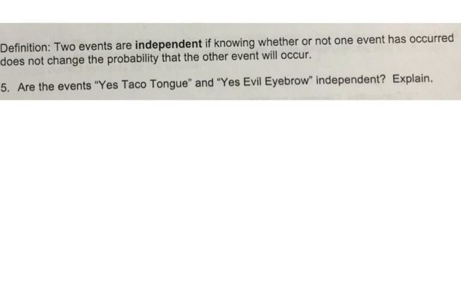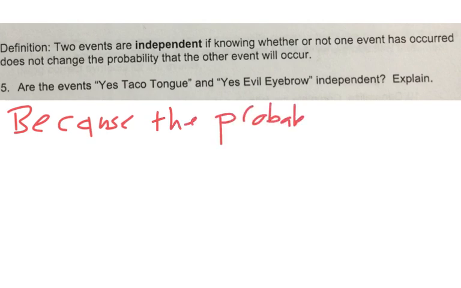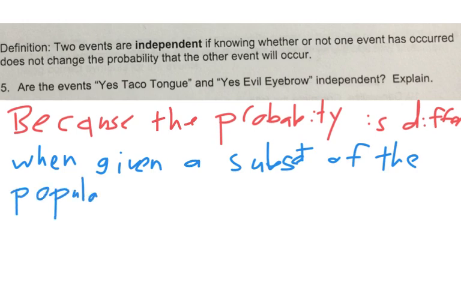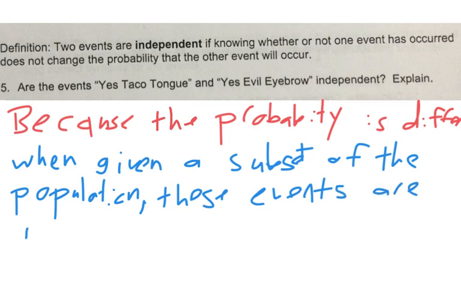So we would say because the probabilities is different when given a subset of the population, these events are not independent.